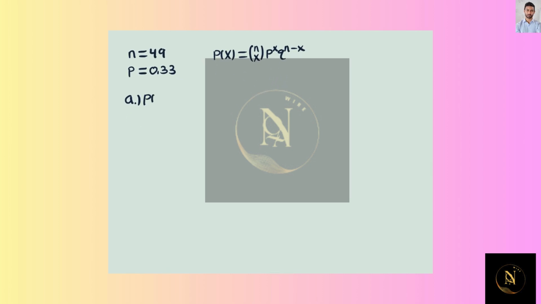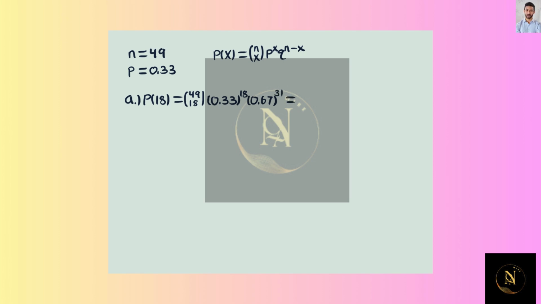So we have the probability where x is equal to 18. This will be equivalent to combinations 49 choose 18 times the probability of 0.33 raised to the x, 18. Q is basically 1 minus p, so 1 minus 0.33 is 0.67 raised to the n minus x, 49 minus 18 equals 31.